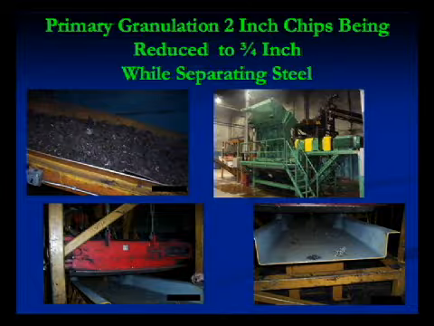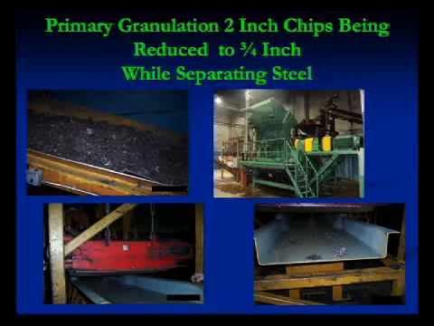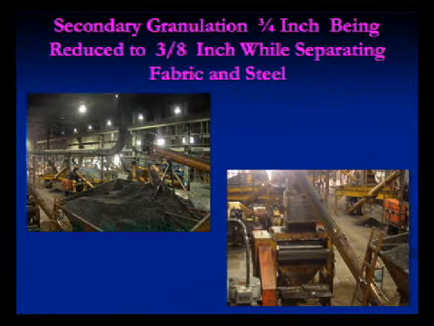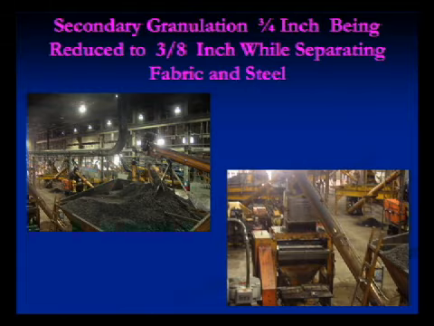The next step is the secondary granulation department. When you get to secondary granulation, we go to higher RPM, more rounds per minute. In this second granulation, you're taking a 3/4 inch rubber particle down to 3/4 inch to 1/4 inch size.